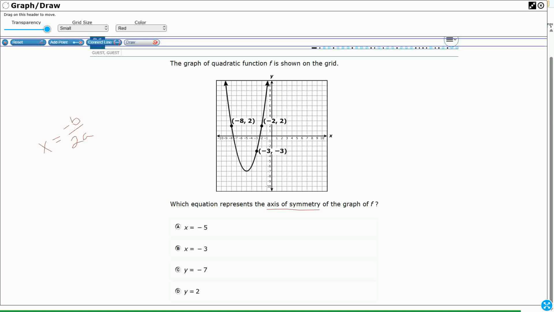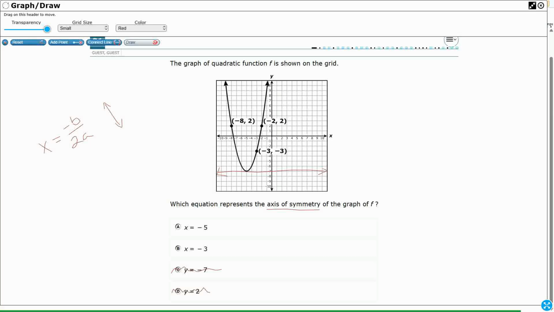That means we're looking for a vertical line, because when you have the form x equals something, that means you've got a line that's going up and down. And we've got two of these that are y equals. When you've got a form of y equals -7, we can draw that right here.